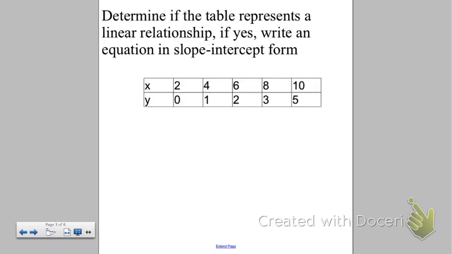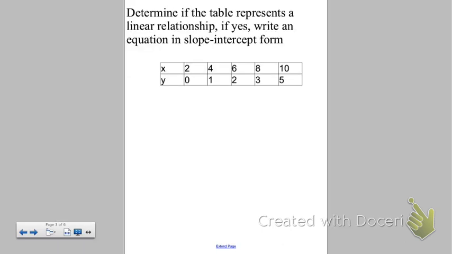And the last question. Determine if the table represents a linear relationship. If yes, write an equation in slope-intercept form. Take a second to copy down the question and the table. If I need to write my equation slope-intercept form, I'm going to write it as y equals mx plus b.